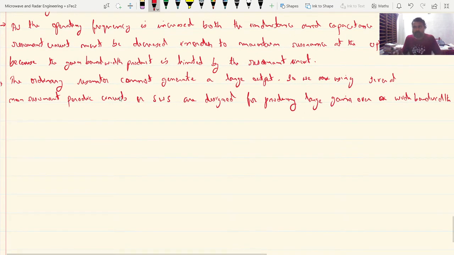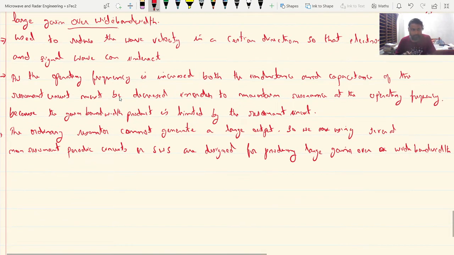Okay. So this slow wave circuit, which we have shown in the figure, we can call a special circuit that is mainly utilized in the microwave tube to reduce the wave velocity in a certain direction, so that the electron beam and the signal wave can interact, okay.